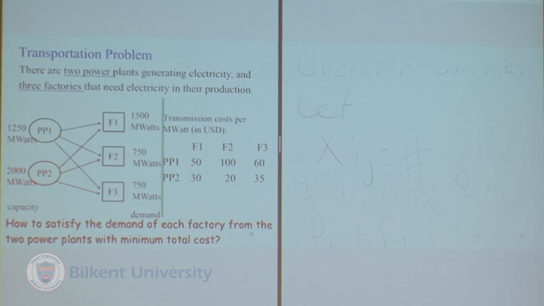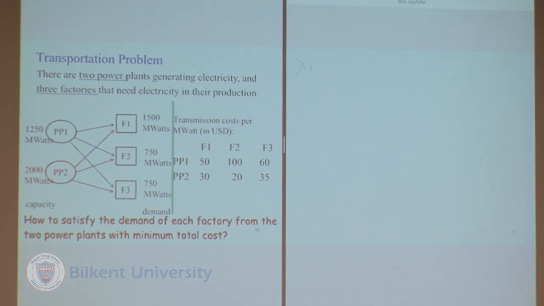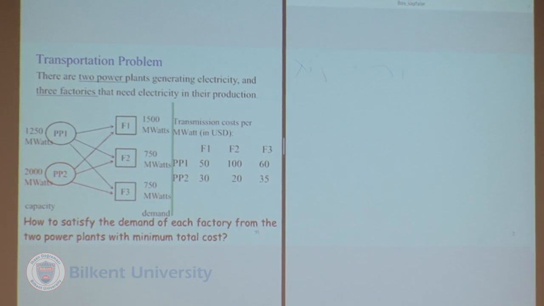So I is 1 or 2, and J can be 1, 2, and 3. I just defined my variables: Xij, the amount of electricity sent from power plant I to factory J. Clear? Now with this variable definition, we're going to formulate the model. So let's remember our Xij is from I to J.